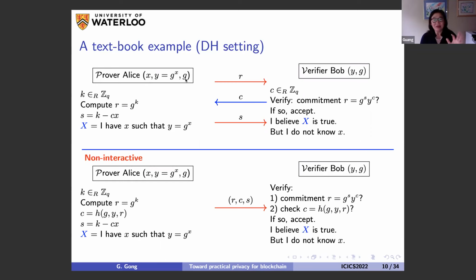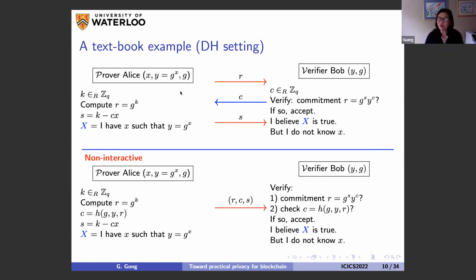Now she wants to prove to Bob: hi, this is my public key, and I can prove to you I have the private key X such that this public key equals G to the X.